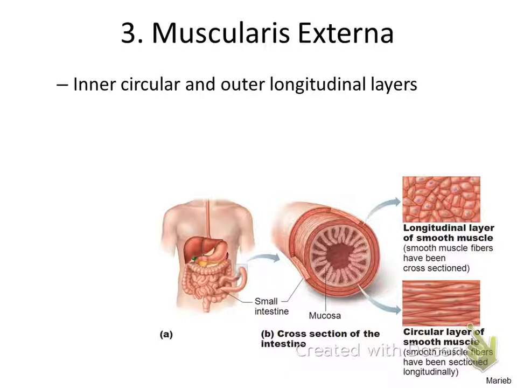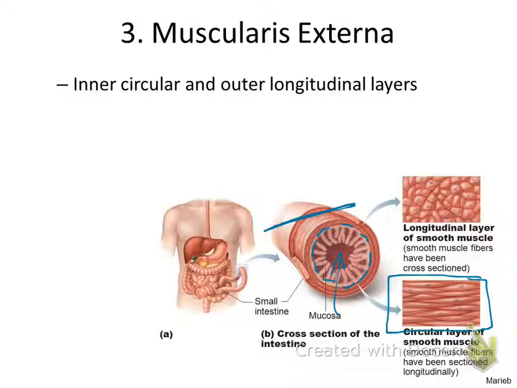If we do a cross section where we cut along the width of the tube, like what we're looking into right here where it looks like a donut, in that case, we're going to see the full cells in the circular layer because those cells are lined up end to end around the diameter of the organ.